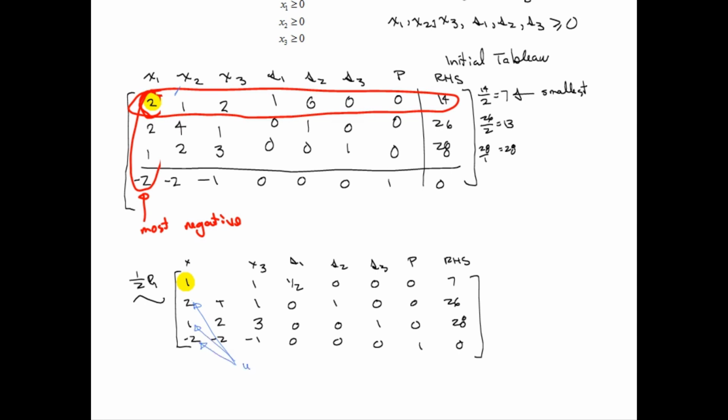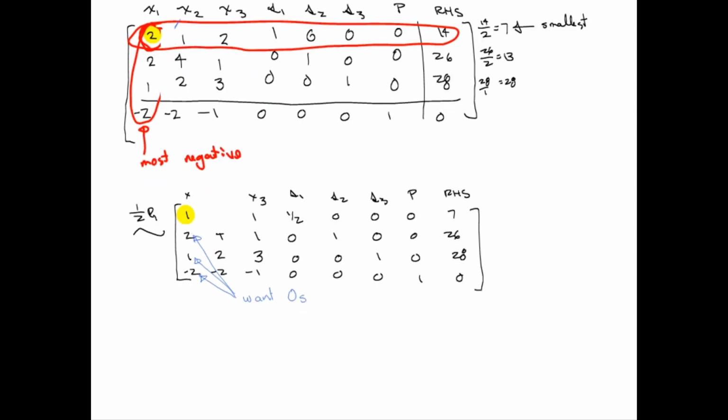I want all of these to be zeros. So now we're going to take the opposite of those numbers. So that'll give me -2 row 1 plus row 2 into row 2.